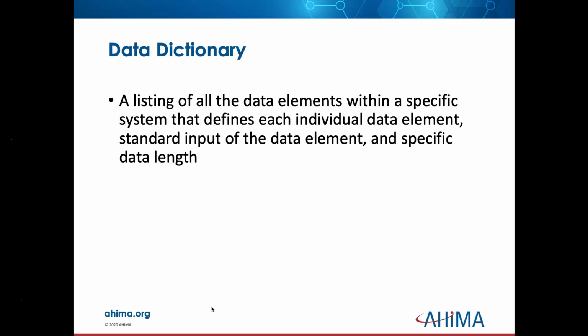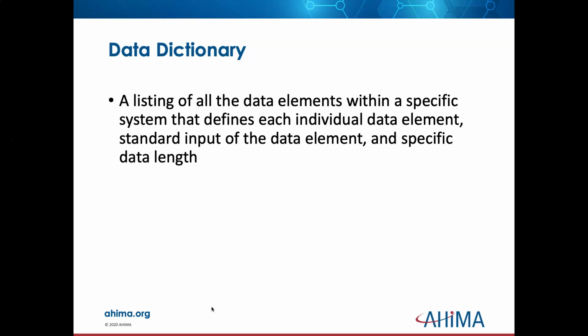Data dictionary. This is a listing of all the data elements within a specific system that defines each individual data element, the standard input of the data element, and the specific data length. And data dictionaries, they can be a bear to create, and they can even be challenging to keep up with, but they are such a godsend if you've got questions about data elements.